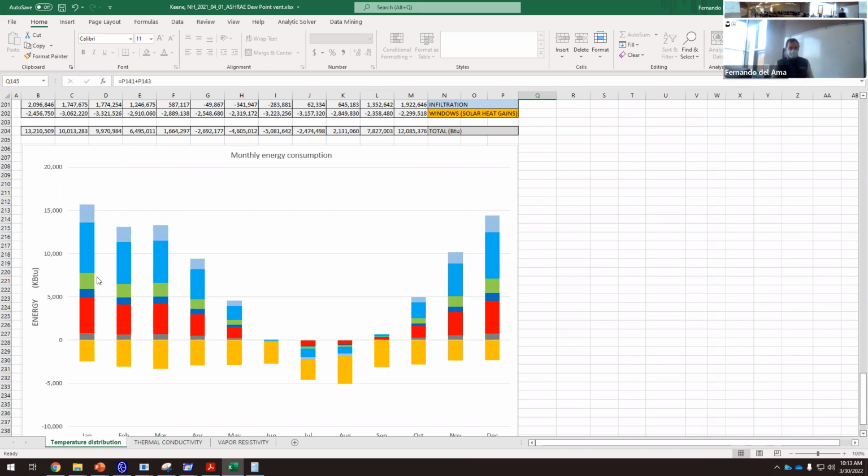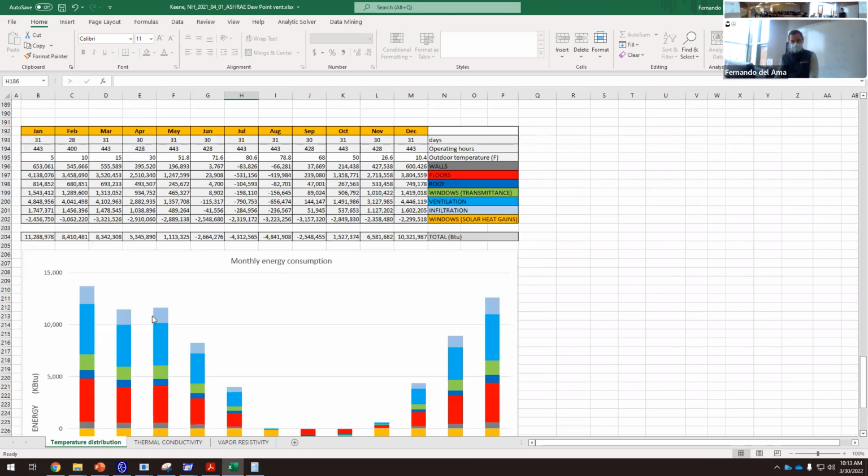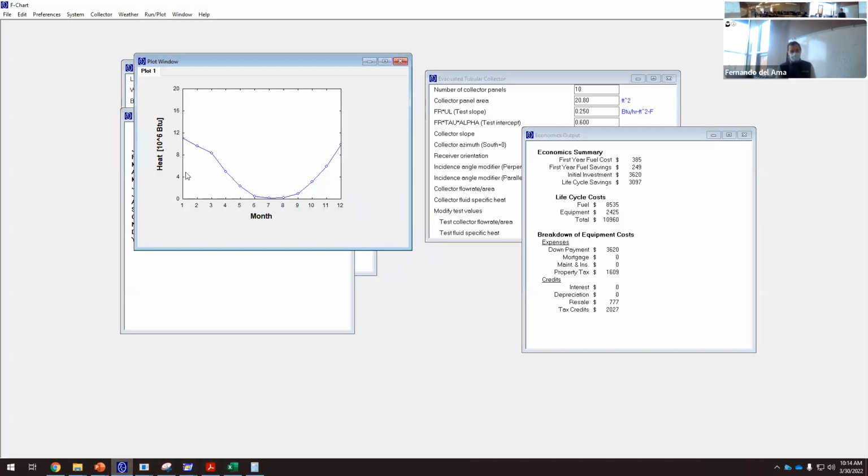It's probably because here we have the operating hours per day. Here we have 5 days, 24 hours. If we have 20 hours here, probably that will be reduced. So you see, here the maximum value is between 10 and 15. And here the maximum value is around 12.